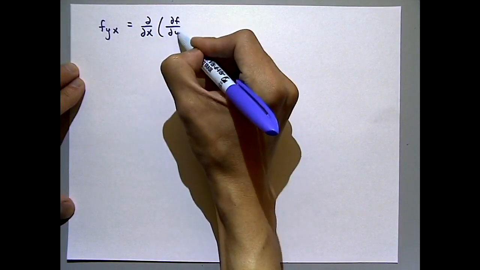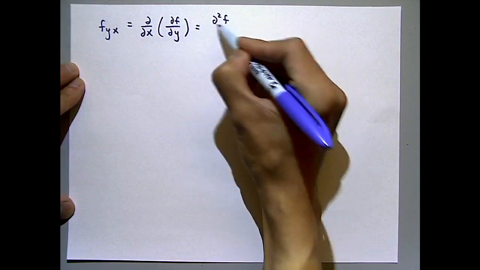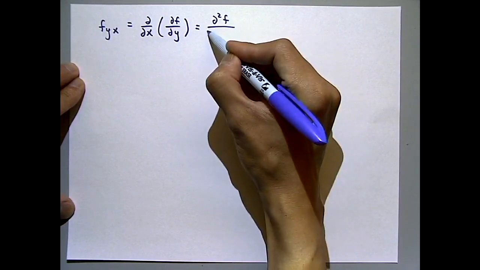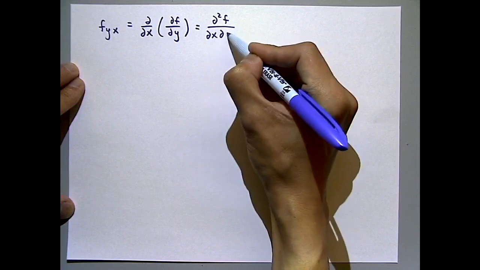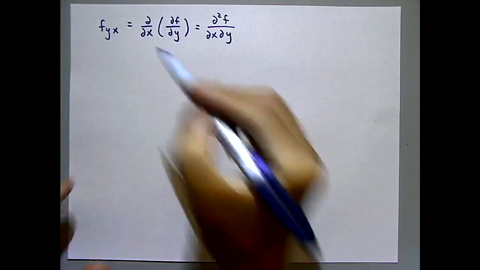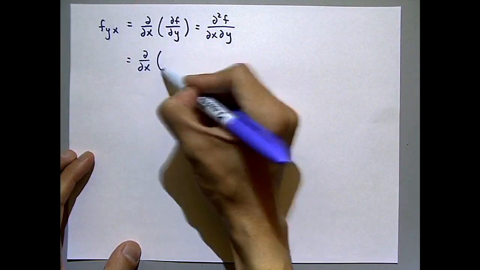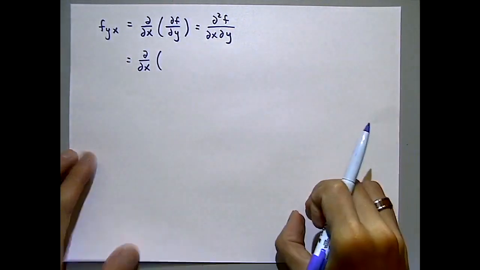This is the first operation. So that's funny-looking d squared f. Downstairs is funny-looking dx, funny-looking dy. Right? You read it backwards. Y first and then x. That's the partial with respect to x of fy.